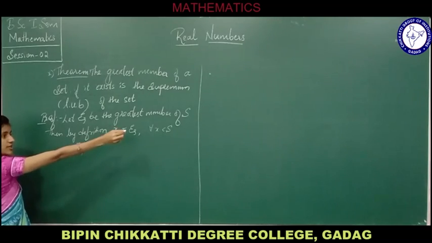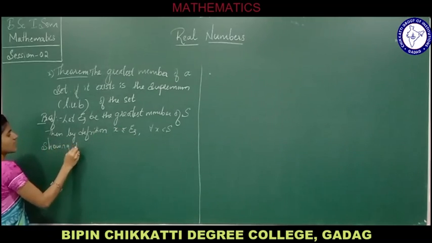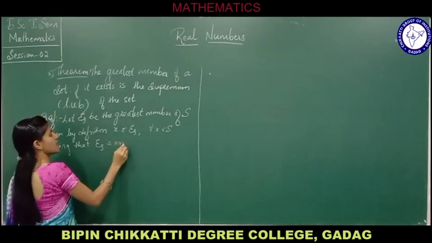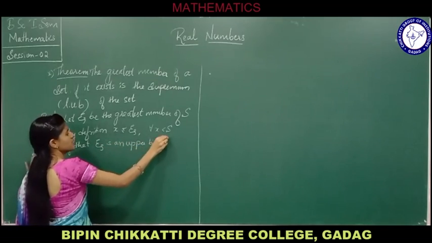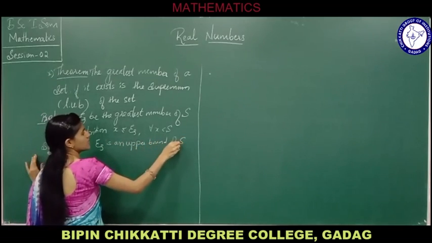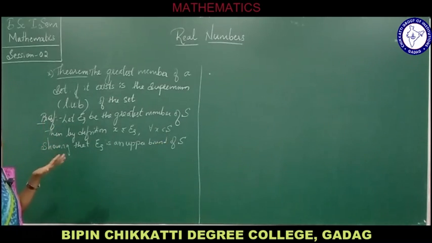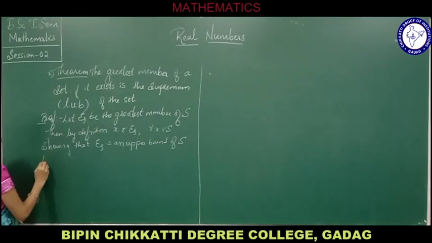Showing that epsilon is an upper bound of S. Now what are we going to consider? Let us consider one more number, epsilon dash. Let k be any number less than epsilon.